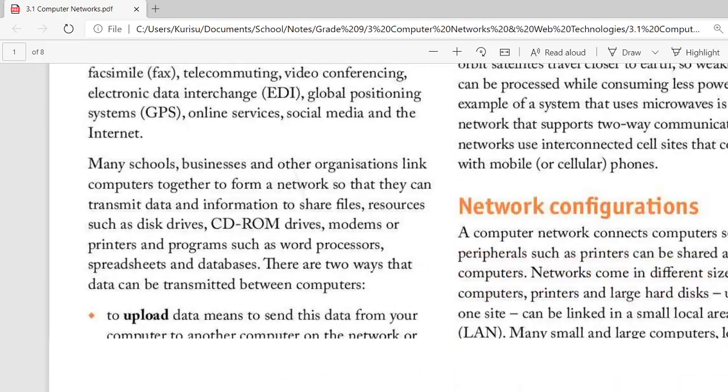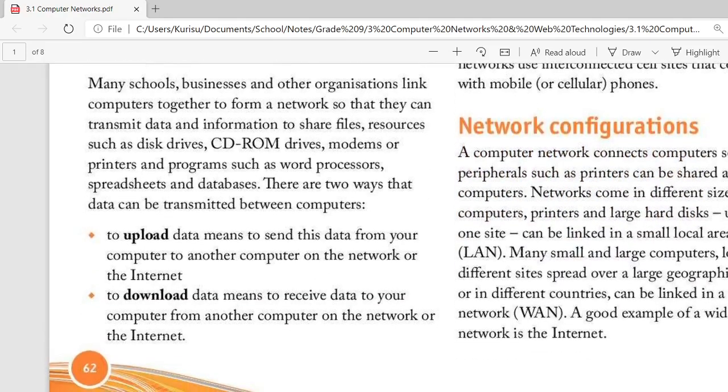We looked at 5 configurations. We looked at a PAN, personal area network, which is only 2 devices. It can be more than 2, but it's only for a very small area, because a Bluetooth connection is a personal area network, and because of technology, we can have more than 2 devices in that Bluetooth connection.